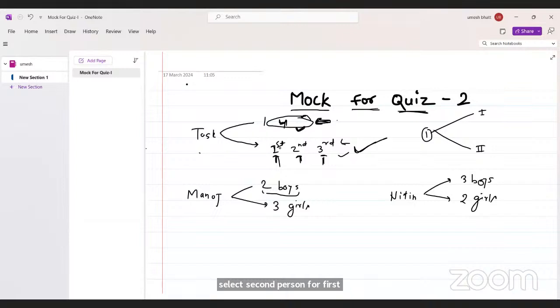So firstly I fix my first position, then second, then third. Same here: firstly Manoj has to decide his participants, and then Nitin. So this is simultaneous. Sir, that's a valid point, because if Manoj is already selected, it becomes a sequential activity only.